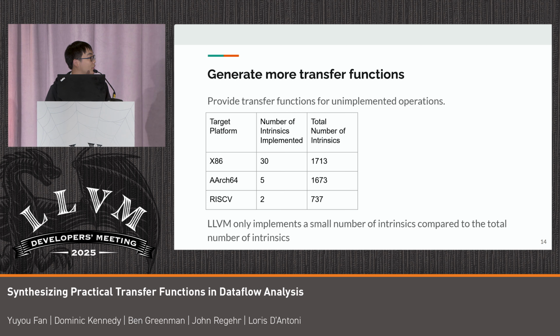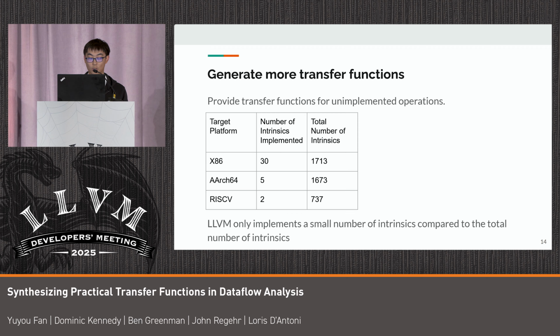So why do we need a synthesizer? First, we can get more transfer functions, of course. Here I attach a table about different platforms, the number of intrinsics implemented with transfer functions, and the total number of intrinsics. On x86 LLVM, at least what I found publicly, they only implemented 30 intrinsics compared to a total number of 1714 intrinsics.